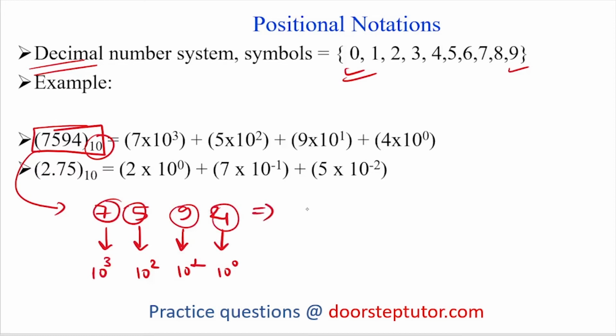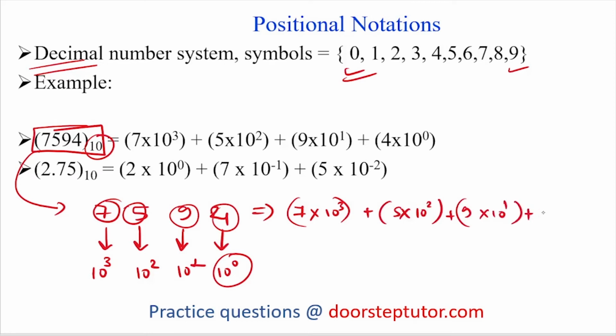So we will find the decimal number by multiplying the coefficient with the given weight. So this will become 7 into 10 to the power 3 plus 5 into 10 to the power 2 plus 9 into 10 to the power 1 plus 4 into 10 to the power 0. We know any number m to the power 0 is 1.